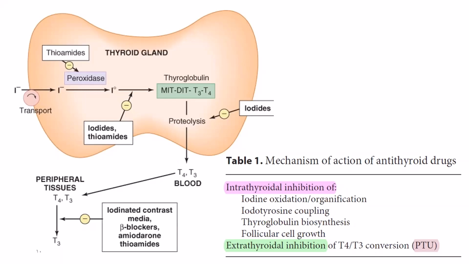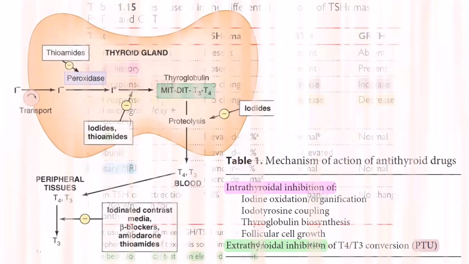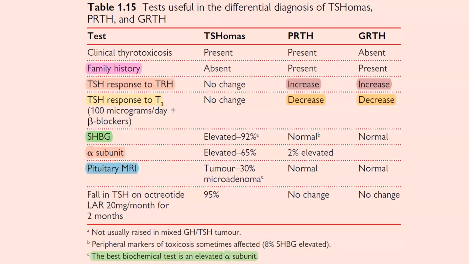And don't forget that propylthiouracil has a unique mechanism of action more than carbimazole or methimazole: it inhibits deiodinase type 1, which is responsible for extrathyroidal conversion of T4 to T3. So propylthiouracil inhibits the extrathyroidal conversion of T4 to T3 in the peripheral tissue. And this also is a very important part and table in the exam.